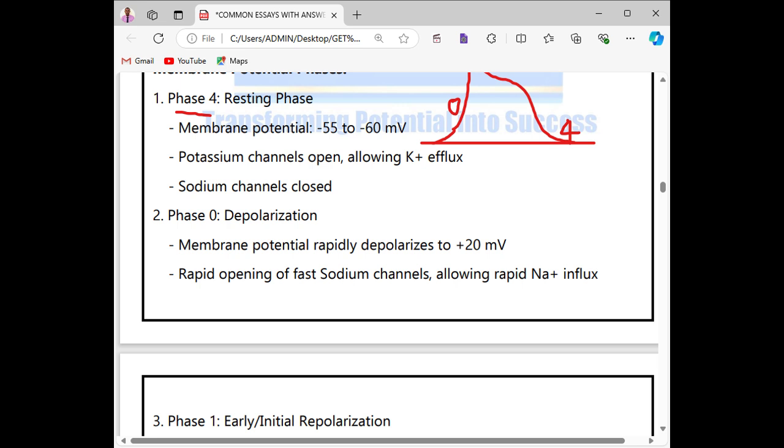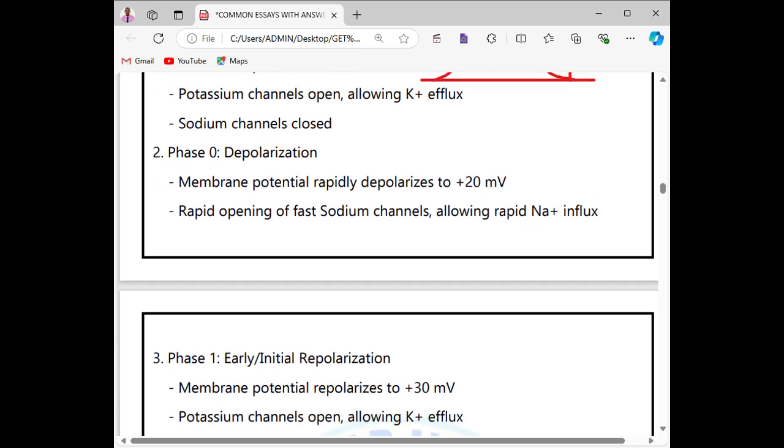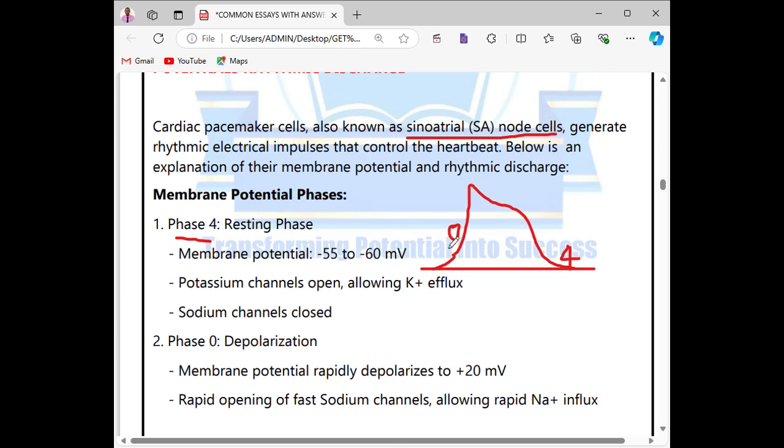When that happens, there will be the rapid opening of the fast sodium channels. Remember the words rapid or fast sodium channels, which will bring about the rapid influx of sodium. Remember, when sodium is entering, it brings about depolarization. So that is phase zero, which is depolarization.